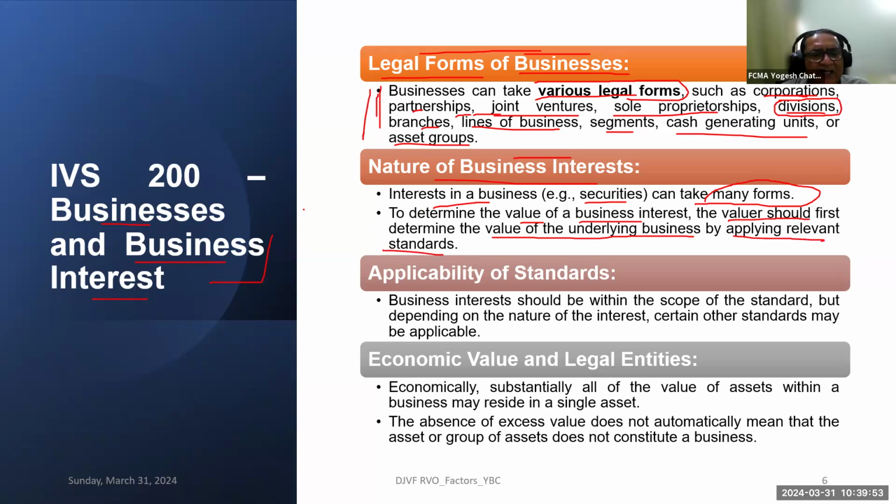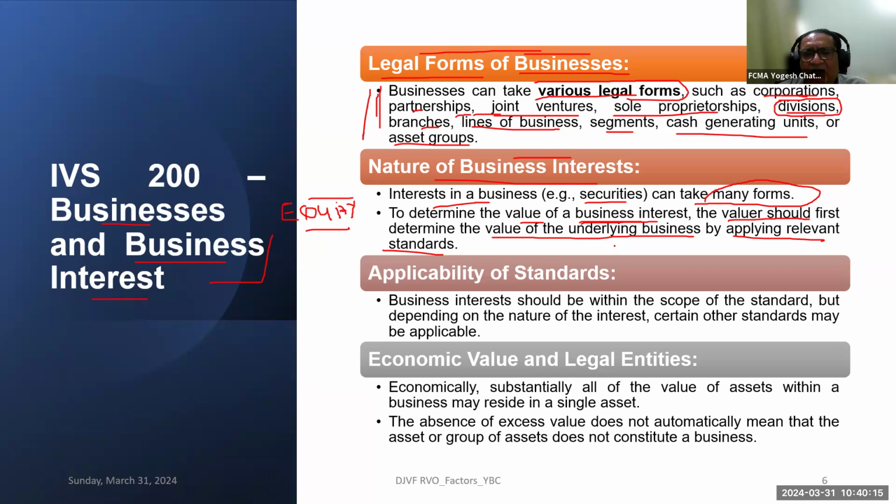So if the valuer is determining the value of equity, equity is a security, that is a business interest. In order to determine the value of equity, the first thing a valuer needs to do is determine the value of the underlying business.